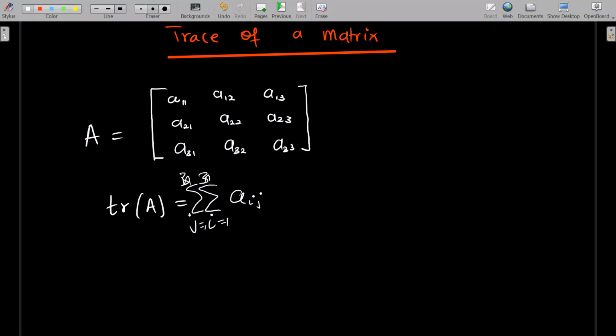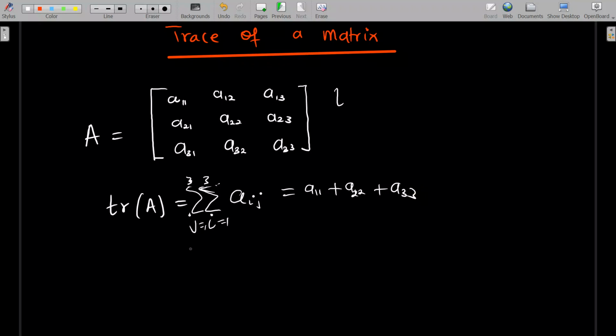So the trace of a matrix is the summation of all the diagonal entries. In this case, the trace of A is going to be, I'm so sorry, I'm supposed to write a 3 here, 3, 3. So trace of A is going to be A11 plus A22 plus A33.